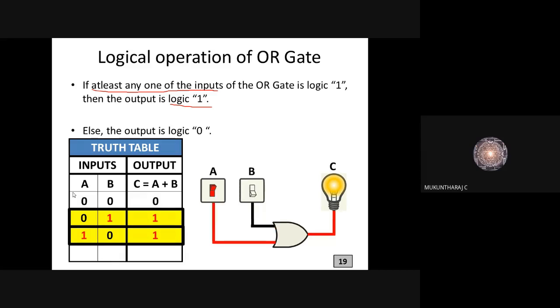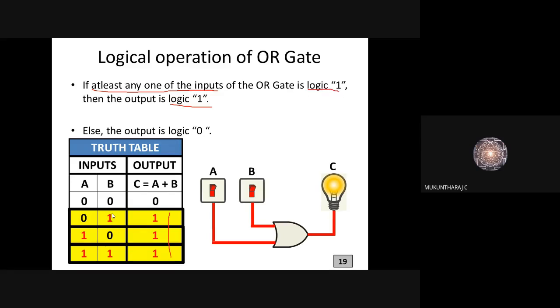Then the third case, logic 1 is applied on input A and logic 0 on input B. For this condition also, we are getting logic 1 in the output. In the fourth combination 1 1, we are applying logic 1 on both the inputs. For this combination also, OR gate produces logic 1. So you can observe that in these three conditions, at least any one of the inputs is logic 1.